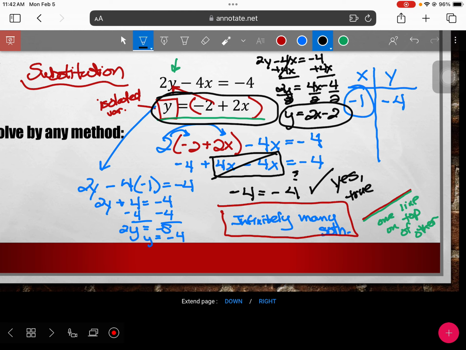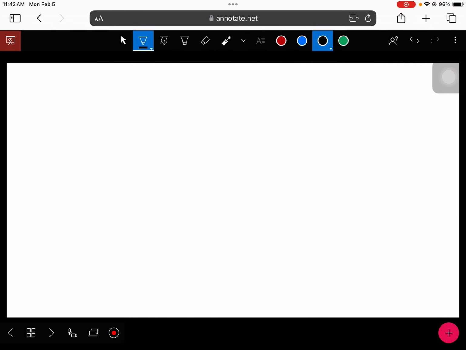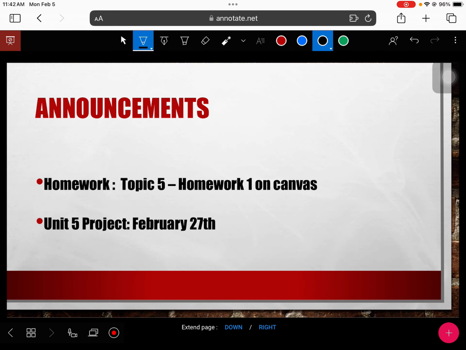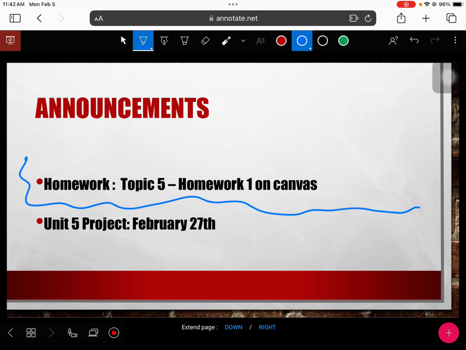Any question about that? Okay, all right. So that is the end of our notes. On page 38, if you were writing these in, you had lots of space. Your homework, the first homework of topic 5, is topic 5, homework 1 on Canvas. It is actually page 39, those problems.